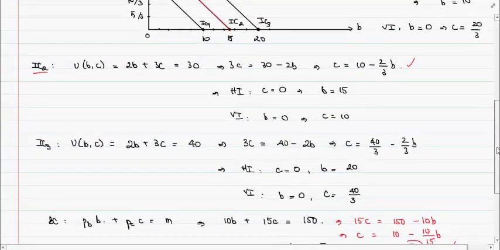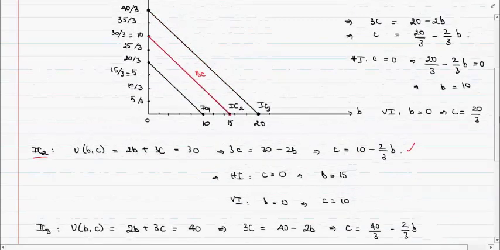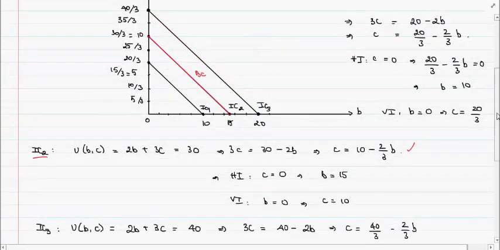So what are the most preferred affordable consumption bundles for this consumer? Anything on the budget constraint is affordable, and the consumer would like to consume on the budget constraint because that is the maximum the consumer can consume. So what point on the budget constraint maximizes utility?